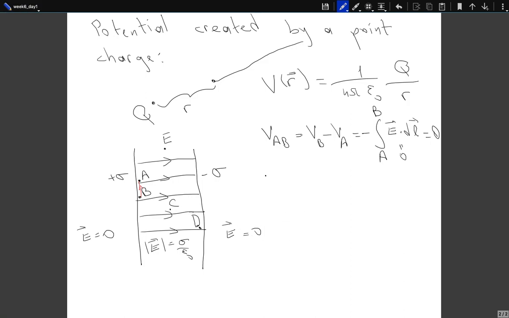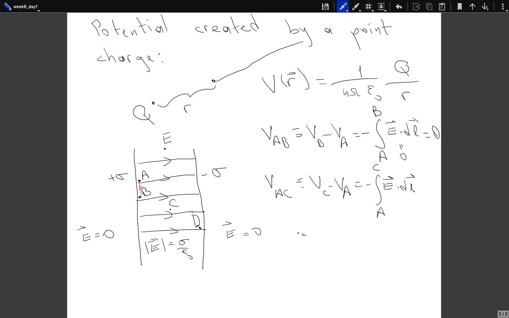Now let's look at the potential difference between A and C. Well, by definition, this is defined as VC minus VA. This time, this is from A to C, E dot dl. So I need to choose a path that goes from A to C. Any path would give me the same result, but I would choose a path that will simplify my calculation.